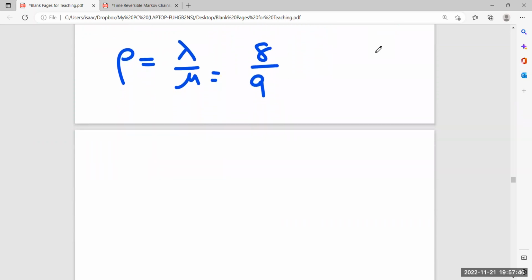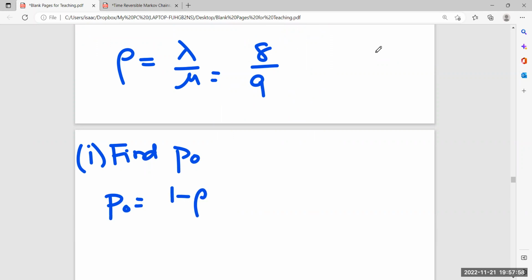First things first, let's find P0. According to our definition, what we proved above is 1 minus rho, which is 1 minus 8 over 9, which is 1/9, which is 0.11, right? So what does this mean?